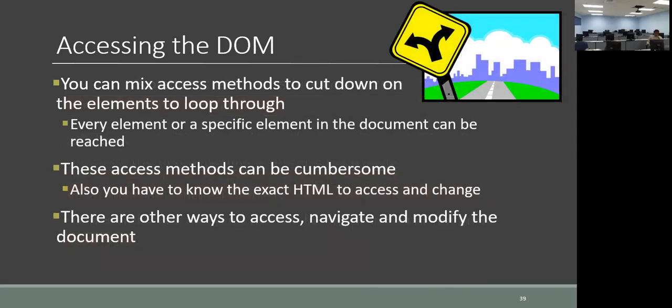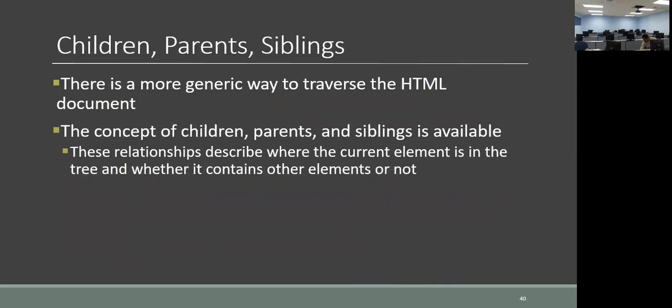Like I said, we can mix and match access methods to cut down the looping you have to go through. But doing that can be quite cumbersome and tedious, so you'll probably try to avoid it. We have ways of making it easier to traverse the HTML document.